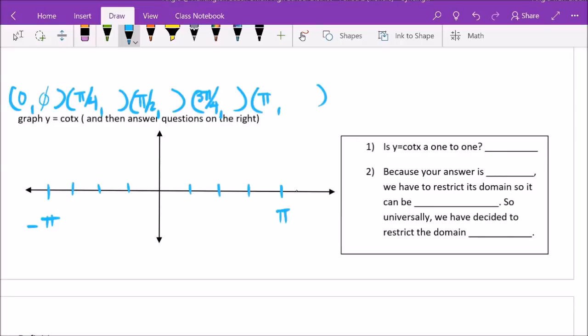Okay. Danielle, cotangent of pi over 4. Yes, it is. Megan, cotangent of pi over 2.